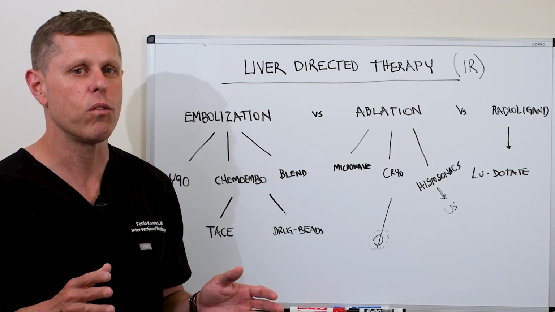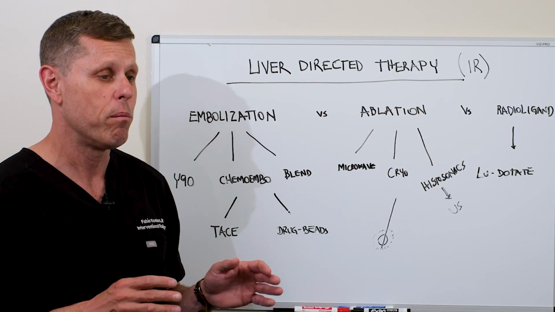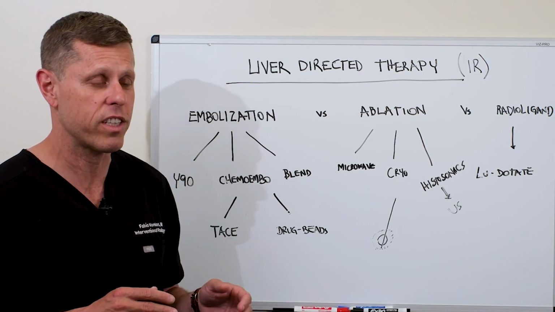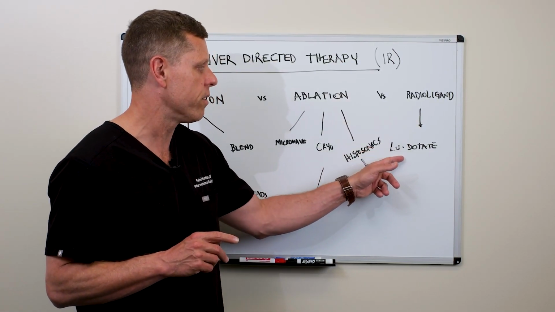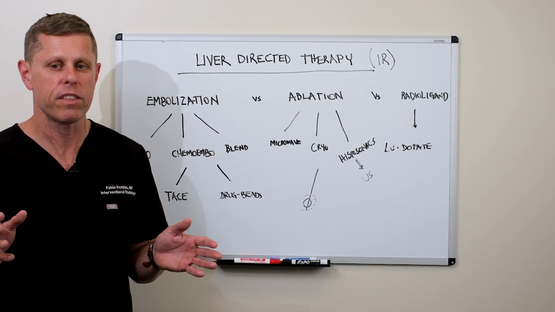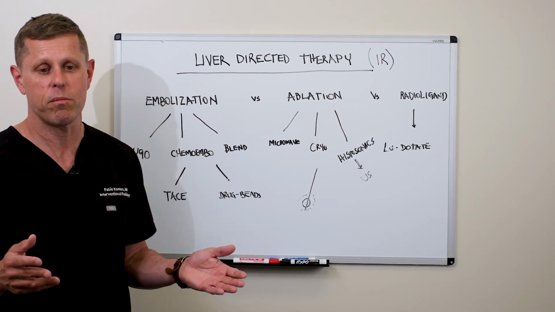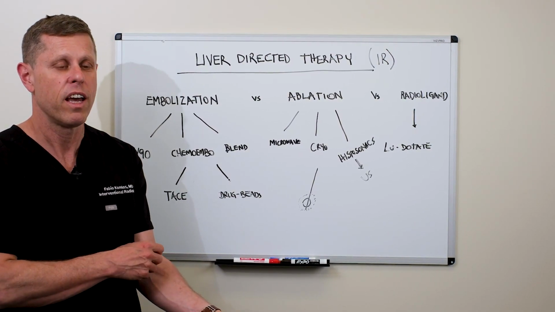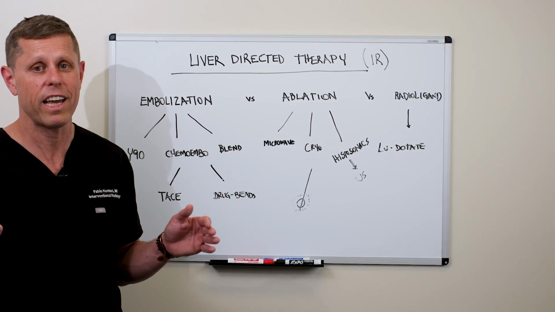And DOTATATE will bind to this tumor. It's used for imaging of the tumor, but also can be used for treatment, because nowadays we have a special medication where they bind lutetium, which is a radioactive substance, to the DOTATATE. And we can just essentially infuse it in the IV, and this will take this radioactive substance directly to the tumor, and that can be useful.